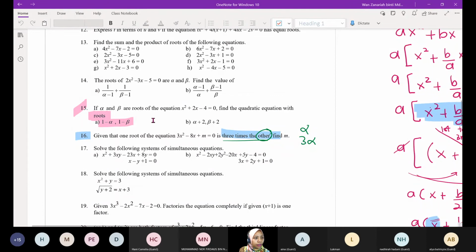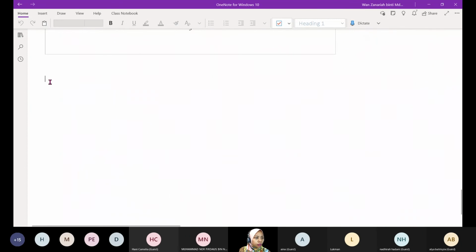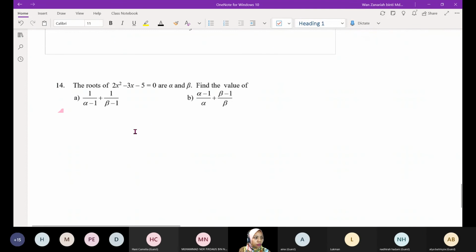Okay, so 14A, find the value of 1 over alpha. Okay, let's do this together.